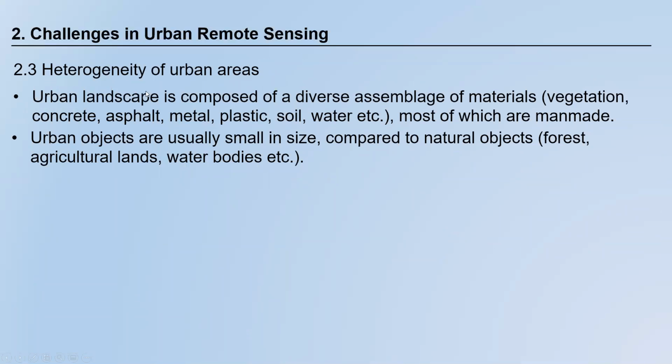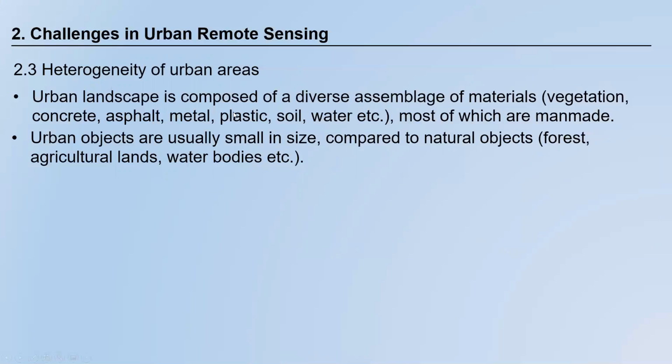It's called heterogeneity of urban areas. In other words, within each pixel, let's just assume this pixel is 30 meter by 30 meter. Within each urban pixel, it's just too complex. Each pixel is not homogeneous, it's heterogeneous, which means there are a lot of things inside. There are a lot of land cover types inside.